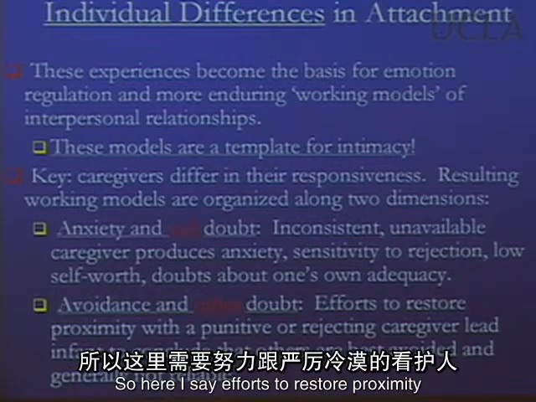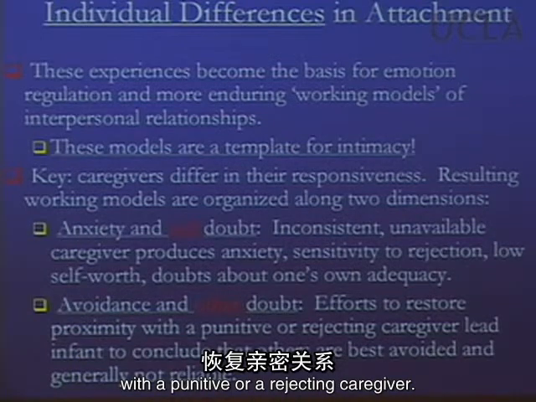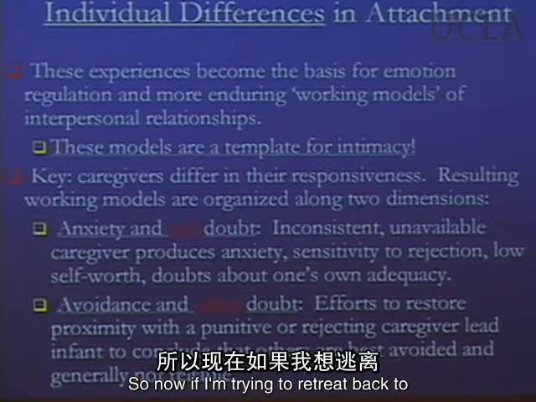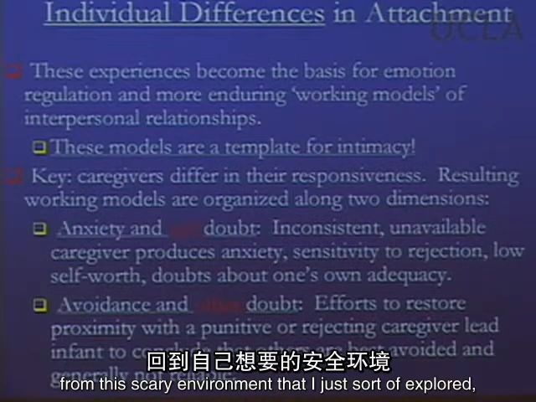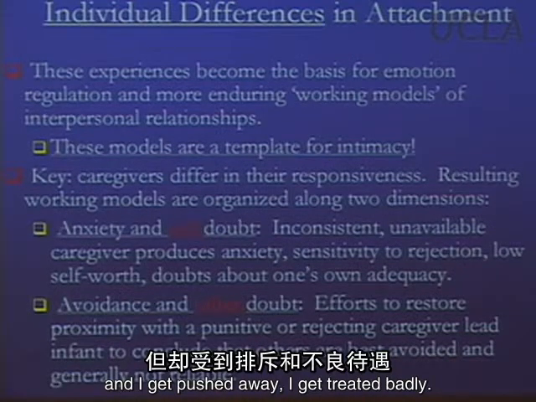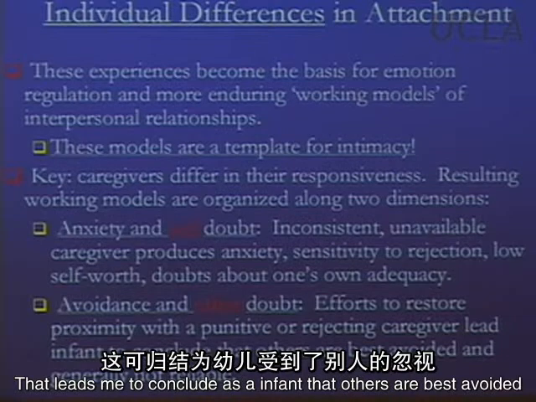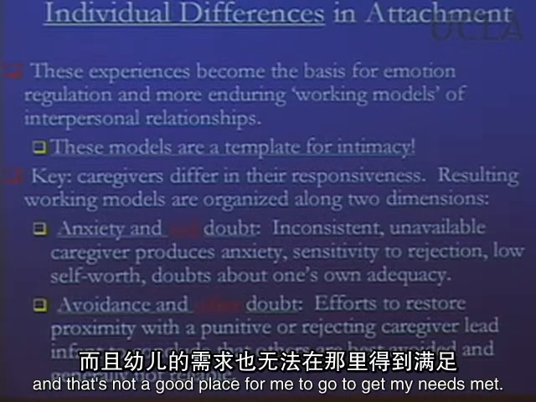So here I say, efforts to restore proximity with a punitive or rejecting caregiver. So now if I'm trying to retreat back to this, what I hope will be this safe haven from this scary environment that I've just sort of explored, and I get pushed away, or I get treated badly, that leads me to conclude as an infant that others are best avoided, and that's not a good place for me to go to get my needs met.